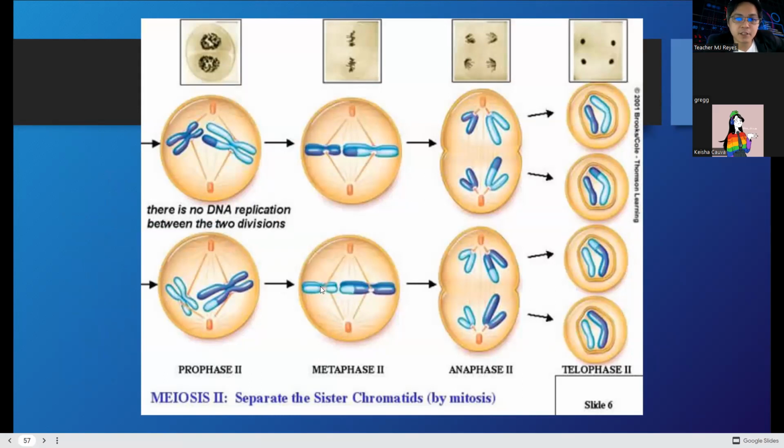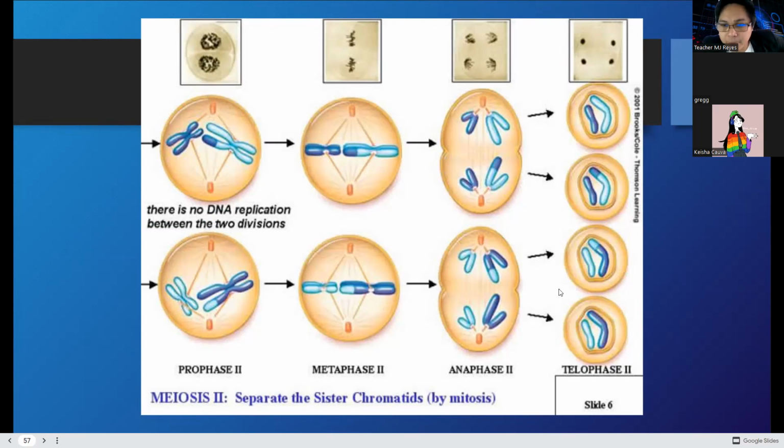Spindle fibers are attached to the centromeres of these chromosomes in metaphase 2. Still, they are aligned on an equatorial line. And the pulling of these chromosomes is in the anaphase. You can see some cleavage there.